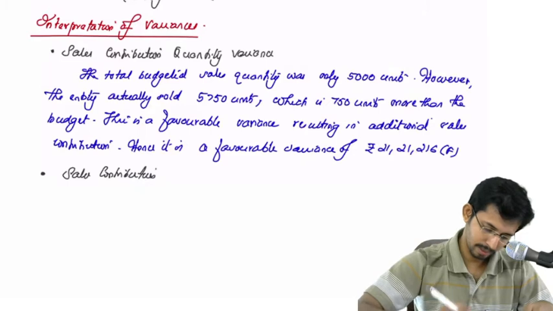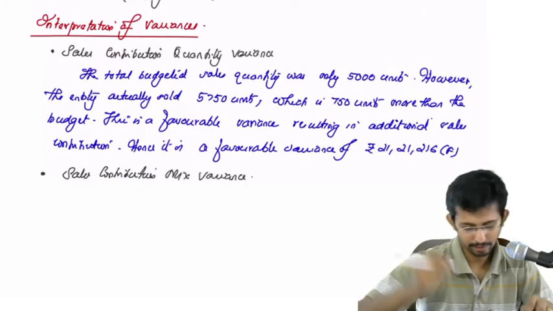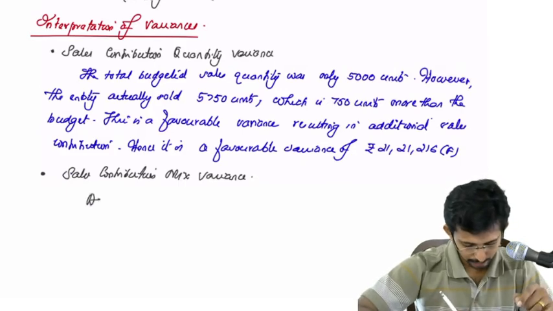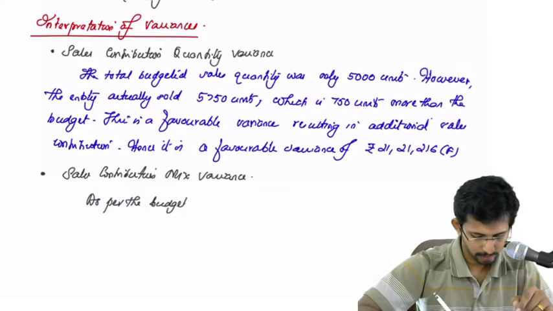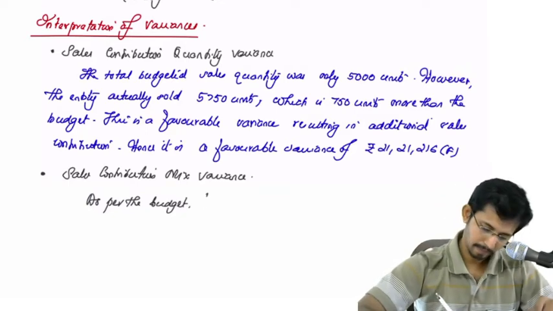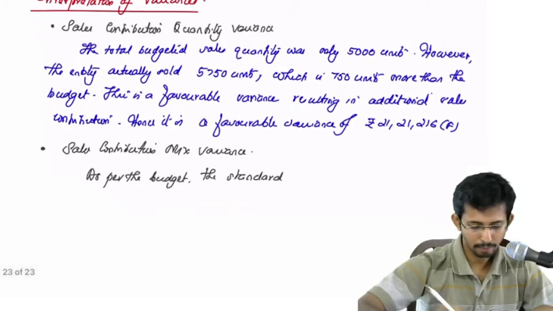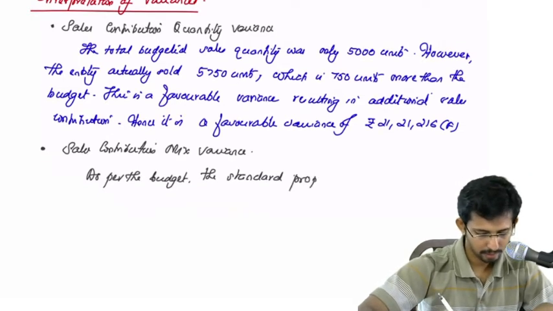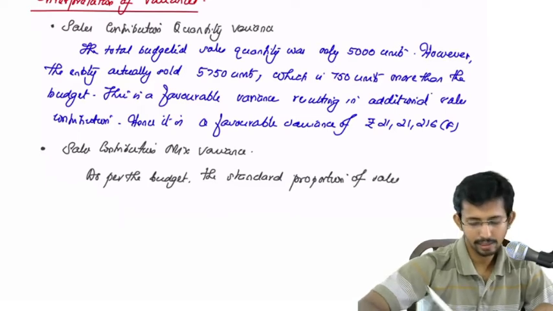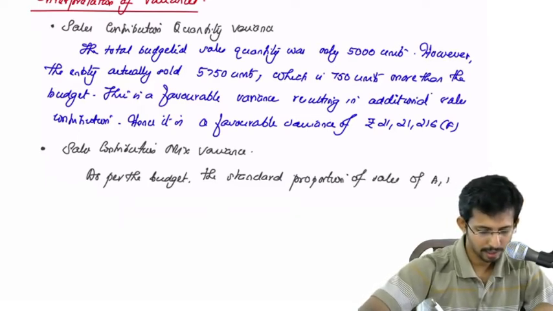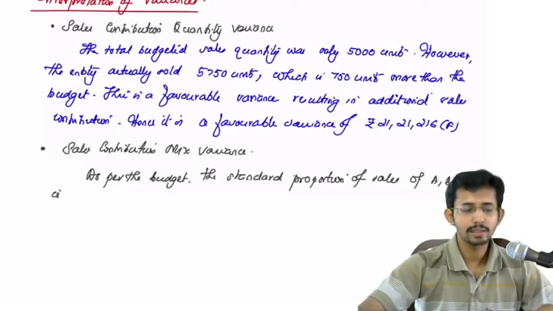Next, what? Sales contribution mix variance. What you can write? As per the budget, the standard proportion of sales of A, B and C is, what is the standard proportion?